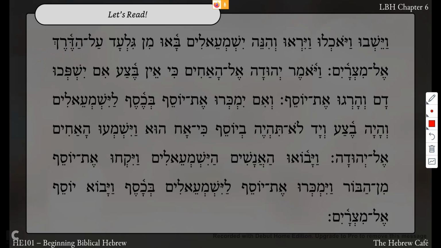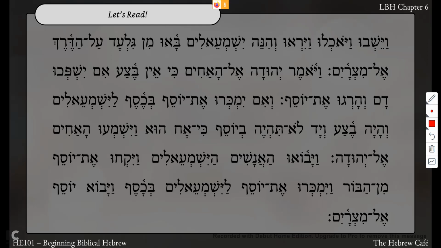So verbs, we've got yashav, achal, ra'ah, shafach, amal. These are the verbs from the passage so far. So yishpechu means if they will spill. Im yishpechu, if they will spill.